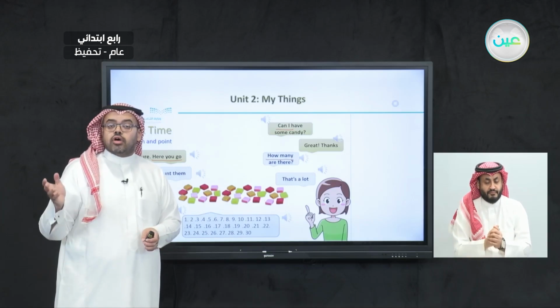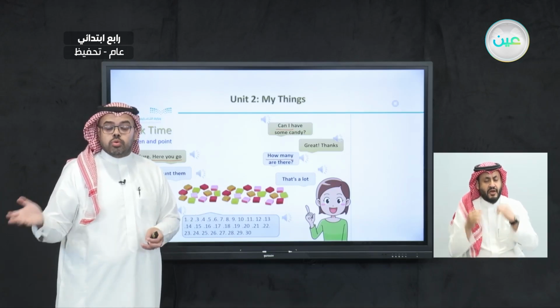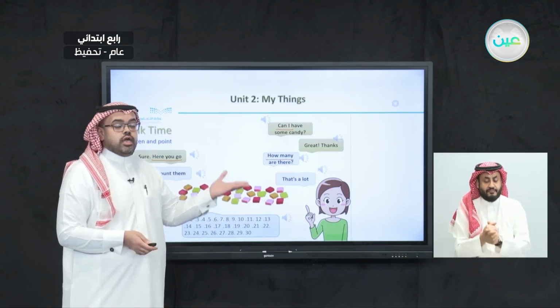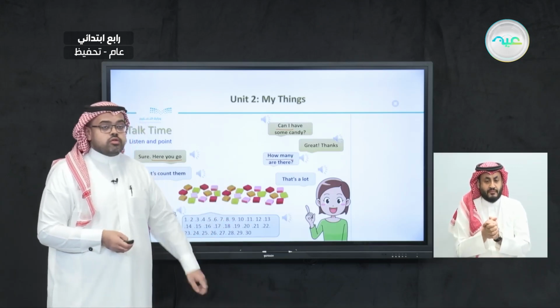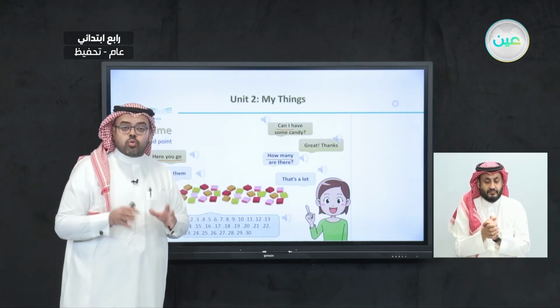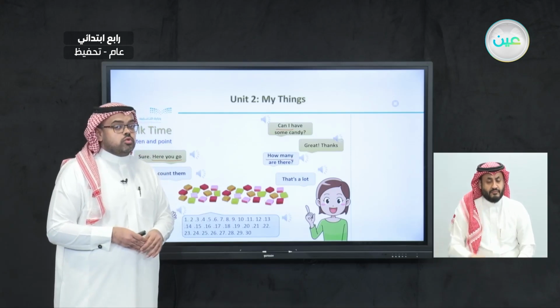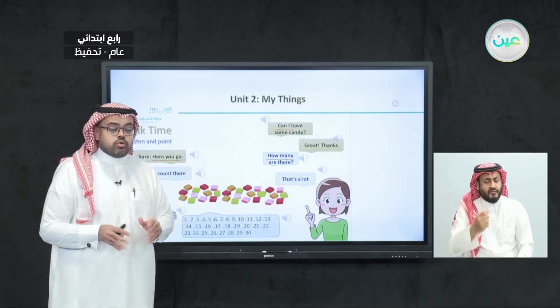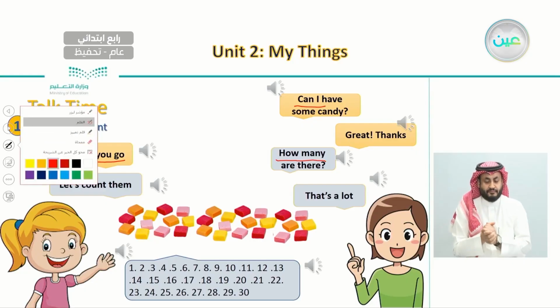I have 10 books. Or how many lessons did you learn? I learned 8 lessons, and so on. So when we ask questions that start with "how many," we are looking for a number.